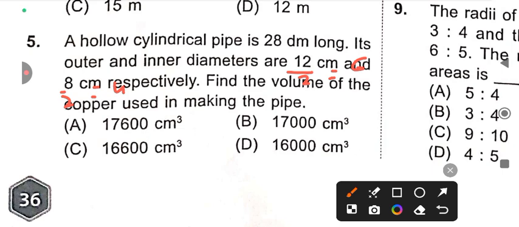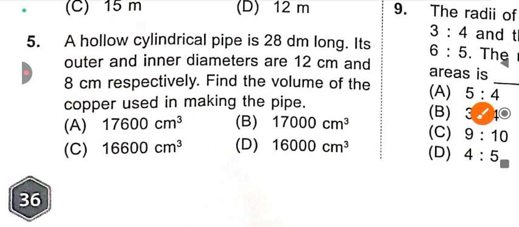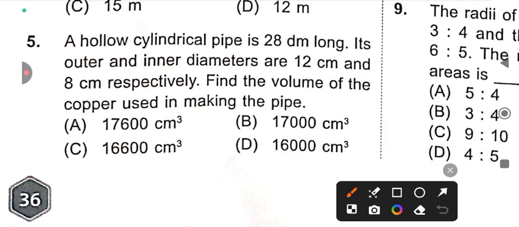Now the height of the cylindrical pipe is given as 28 dm, so we have to convert it into centimeter because all the units are in centimeter, so we get it as 28 into 10, 280 centimeter.